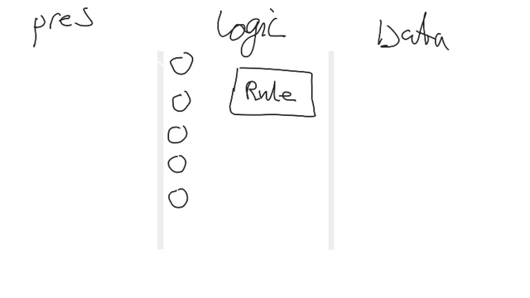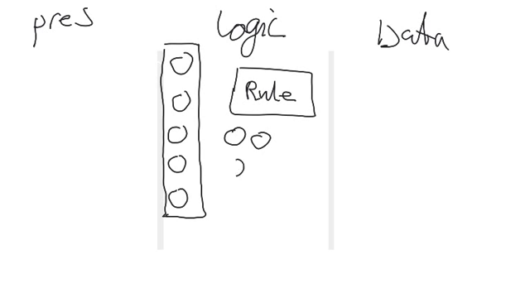Of course, not all of the logic is visible to the presentation tier. We can have some methods, some classes which are hidden, private inside of the logic tier.